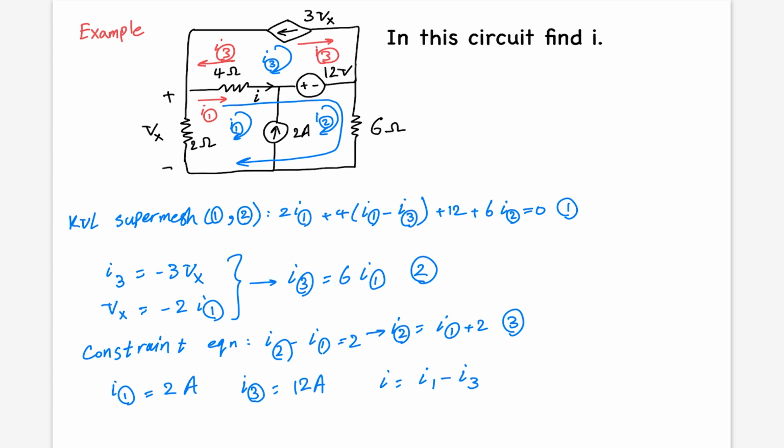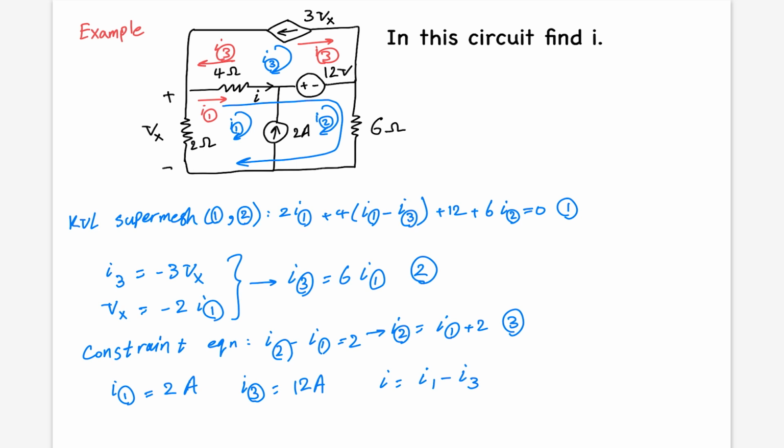Since the question asks for the direction of I, it will be I1 minus I3, it won't be I3 minus I1. Be careful about it, because I is in the same direction as I1. So that's why we're going to write I1 first, then minus I3, not I3 minus I1.